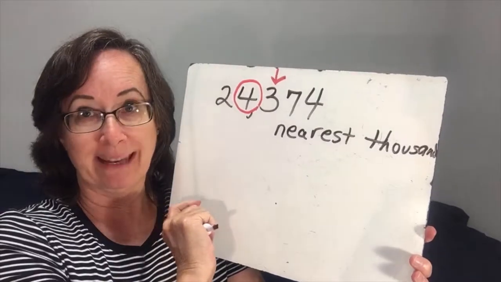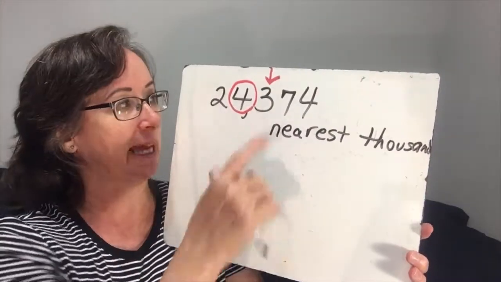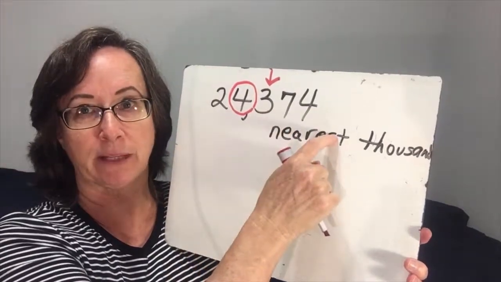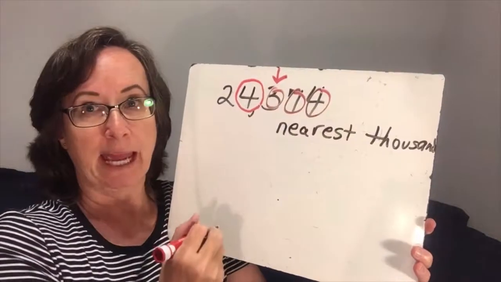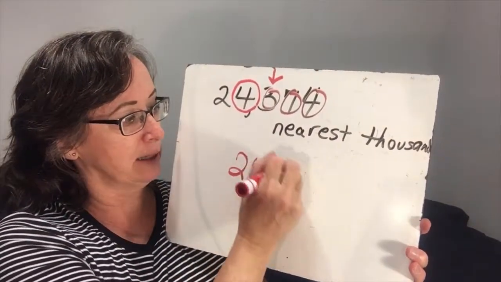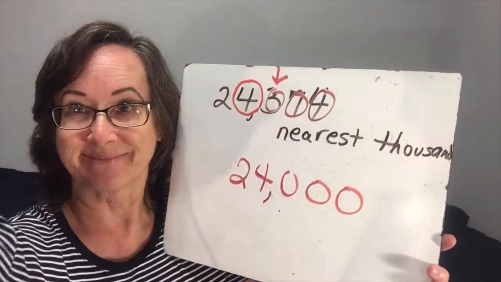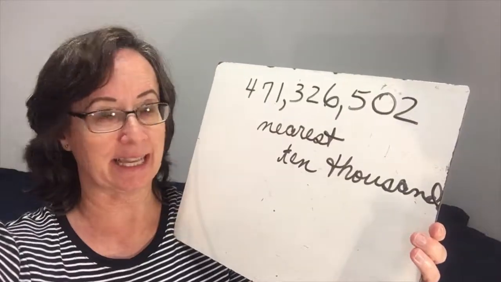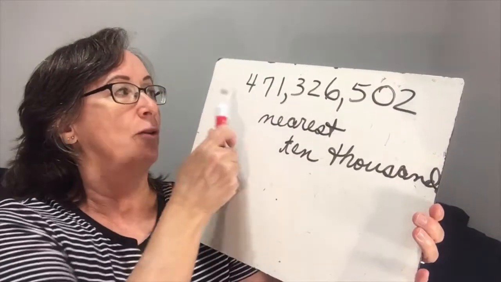After I do that, then this arrow digit has served its purpose, and I'm going to turn each one of those into 0, 0, 0. And my new number is 24,000, and that's it.